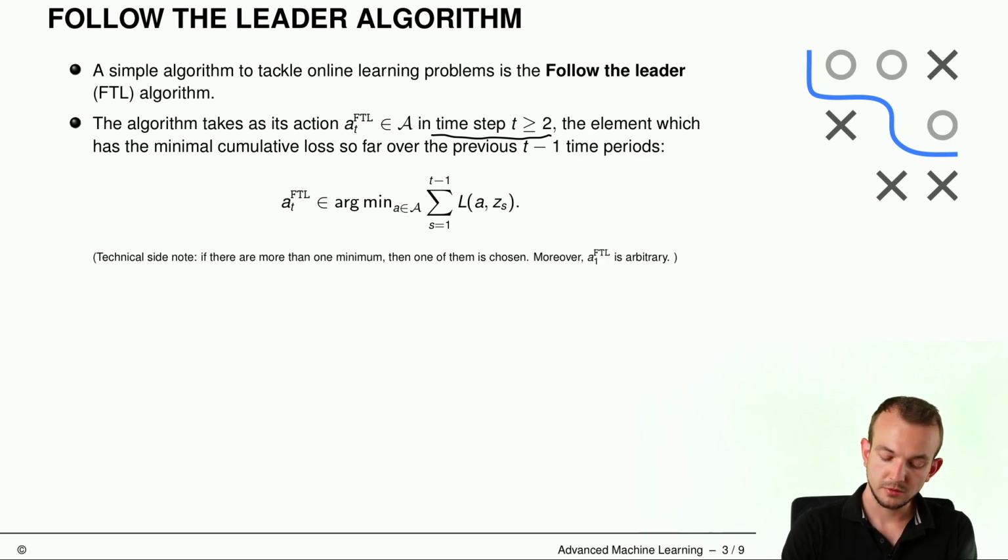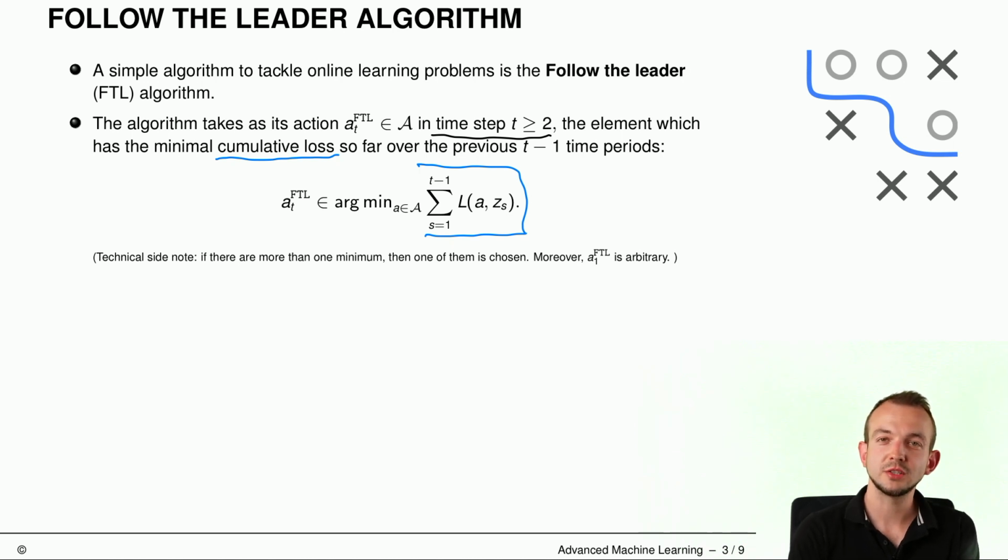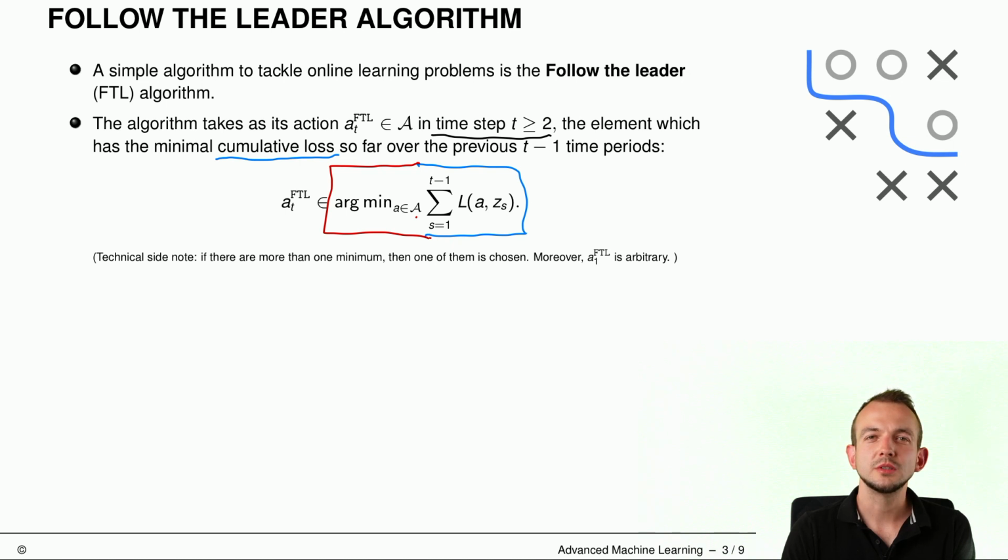So you look at the cumulative loss of any action, and then what is a reasonable strategy to choose the next action? Well, you simply look at the one where this cumulative loss is the smallest.